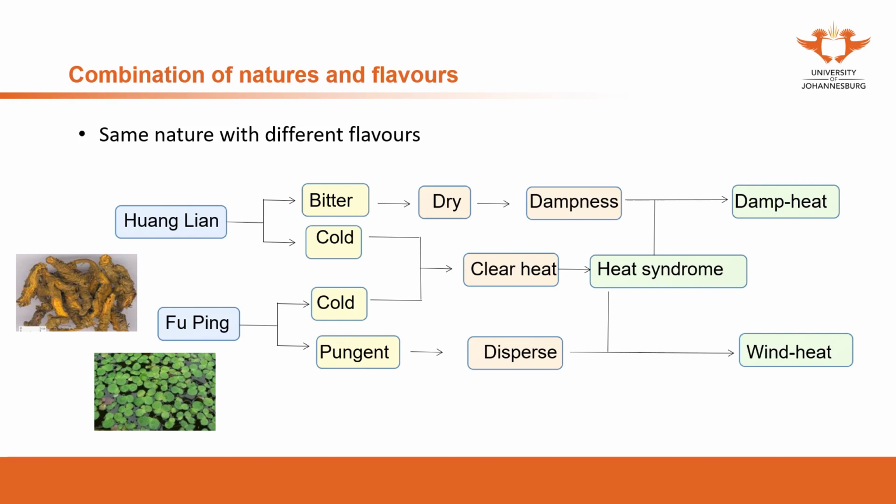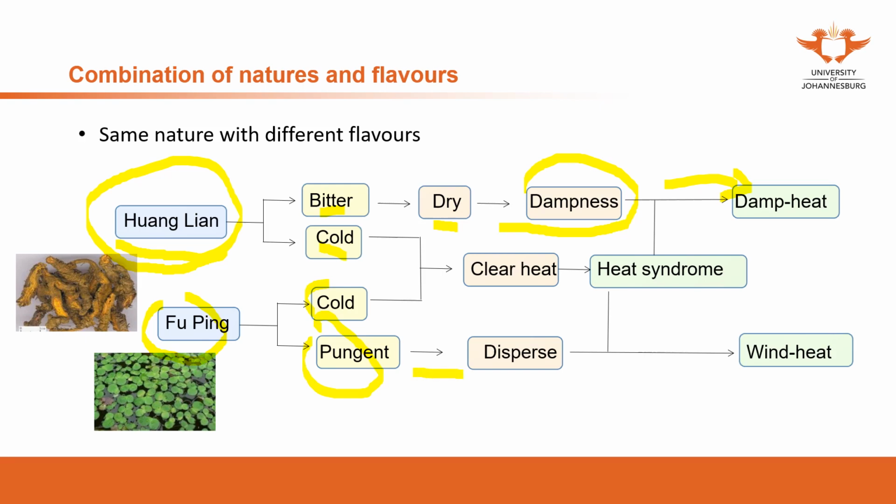For example, huanglian, we have mentioned that huanglian is one of the most bitter herbs. Bitter and cold. Bitter can dry dampness, so it can be used for damp heat. Fuping is cold and pungent.